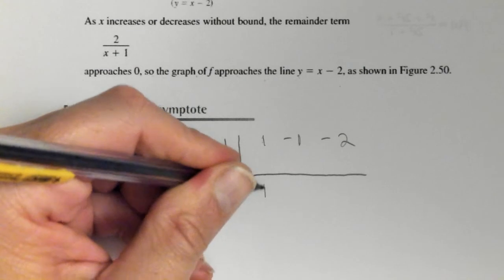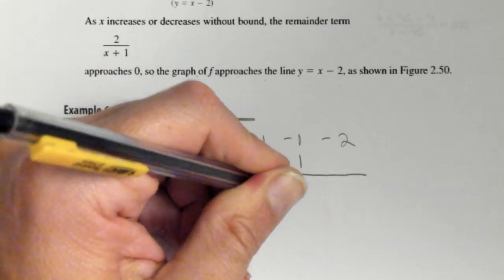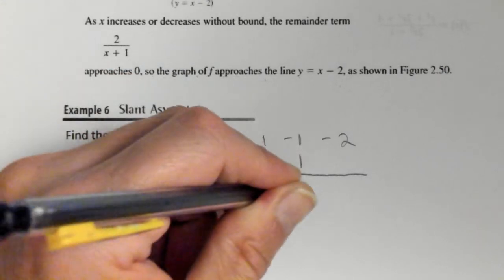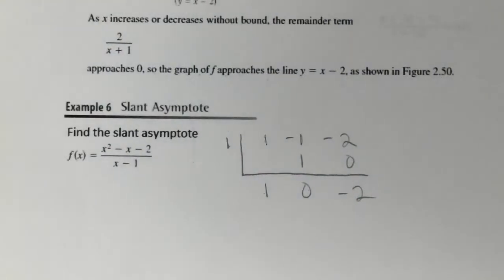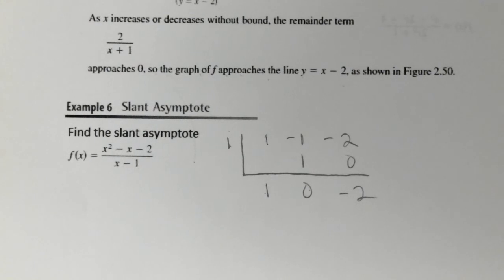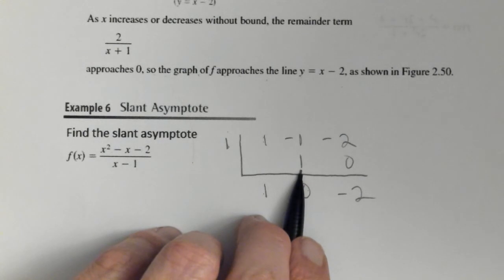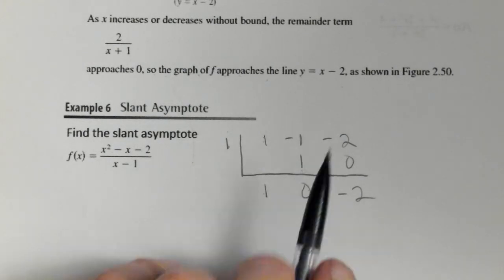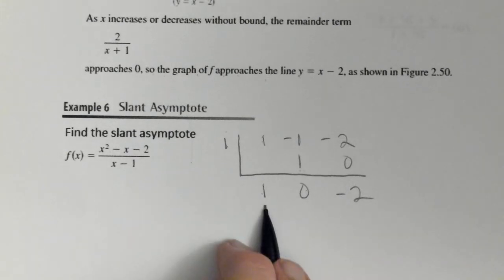This drops to here. 1 times 1 is 1, that subtracts out to 0. This will be times 1, which is 0, and then this will be minus 2. When we look at how this thing divides out, it's going to divide out into just an x.